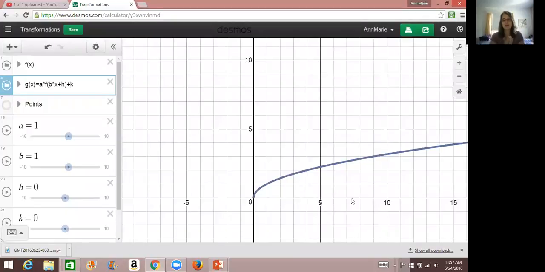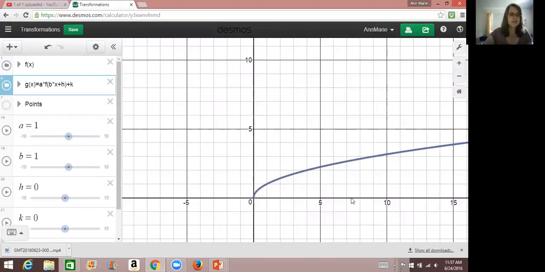If we're restricting ourselves to the real number system, which we are for now, you cannot take the square root of a negative number. So our domain is only the non-negative real numbers. And what is our range? Our range is also the non-negative real numbers.